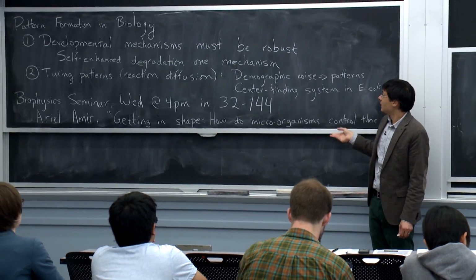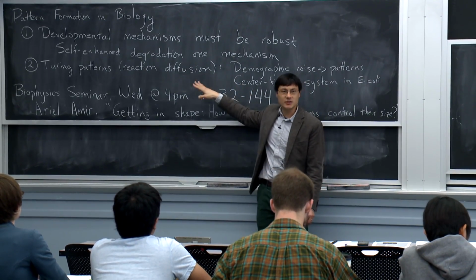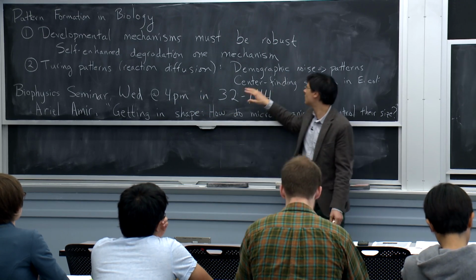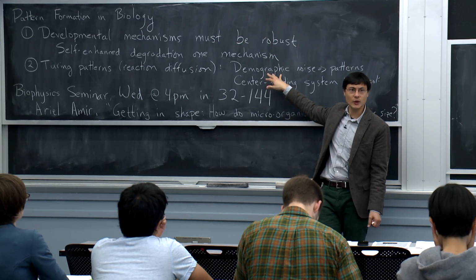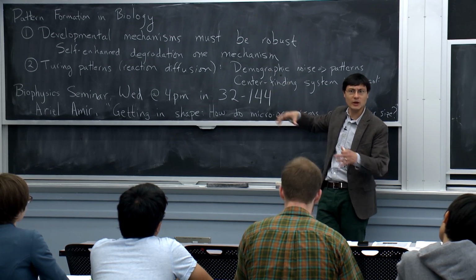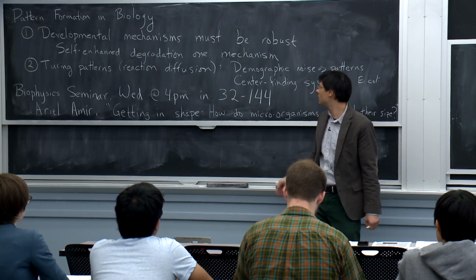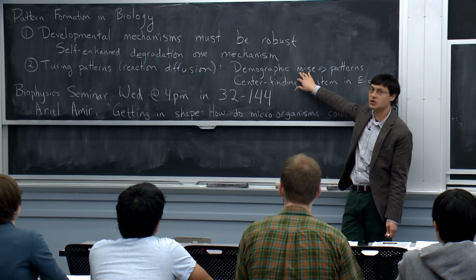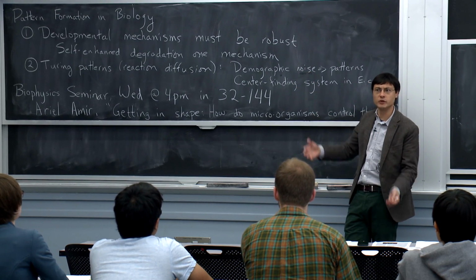Interestingly, Turing patterns are already a surprising case where diffusion leads to patterns. There's another interesting phenomenon where you add another source of noise, for example demographic noise, the random creation and destruction of individuals or chemicals or proteins. Normally we think this should also be a force for removing patterns.